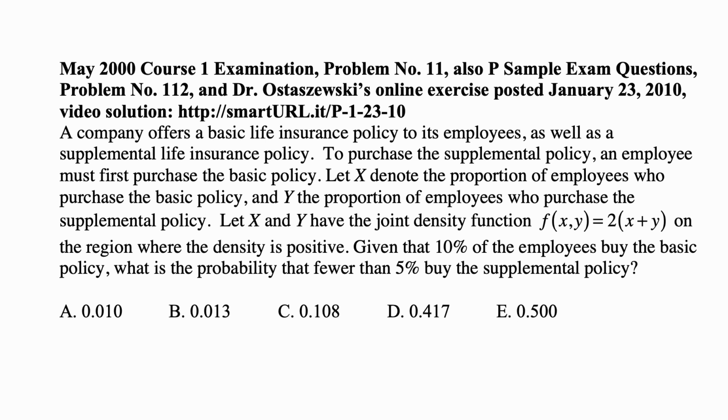Let X and Y have the joint density function f(x,y) equal to 2 times (x plus y) on the region where the density is positive. Given that 10% of the employees buy the basic policy, what is the probability that fewer than 5% buy the supplemental policy?